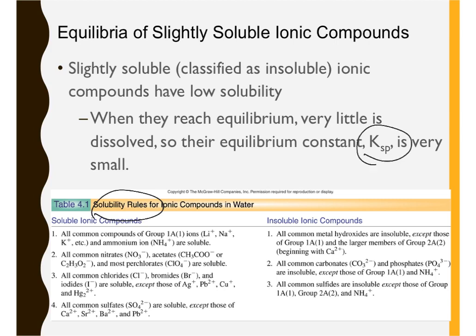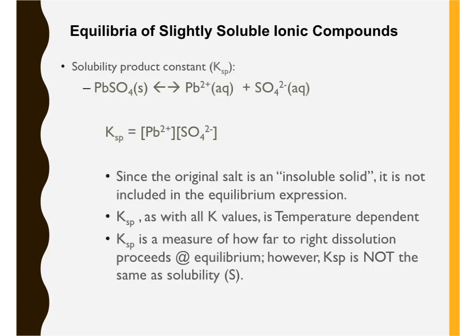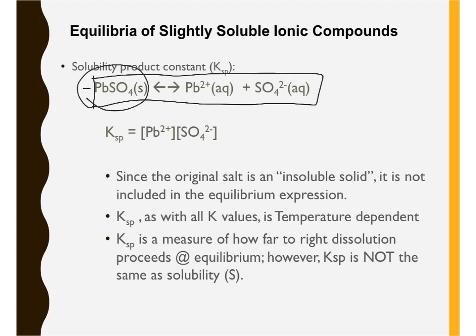There are equilibrium constants for slightly soluble ionic compounds, again called Ksp. All the rules for equilibrium apply to this. There are a couple of unique things. Otherwise, you treat it the same. So let's look again at an equilibrium equation for the dissolution of, in this case, lead 2 sulfate.